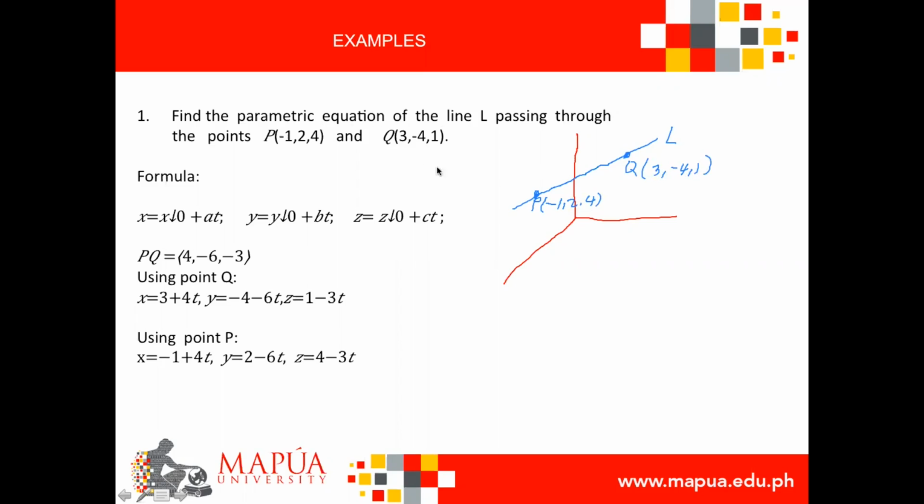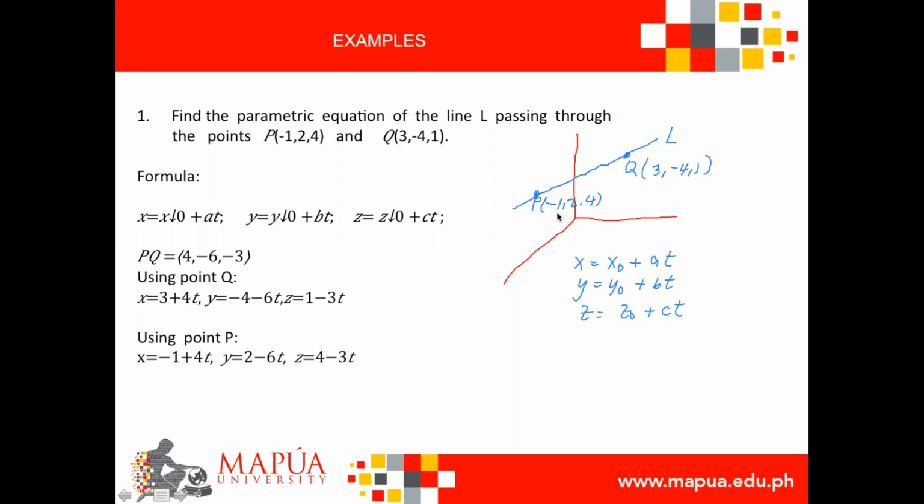In finding the parametric equation of your line L, we have the formula x = x sub 0 + at, y = y sub 0 + bt, z = z sub 0 + ct. So let's define x sub 0, y sub 0, and z sub 0.